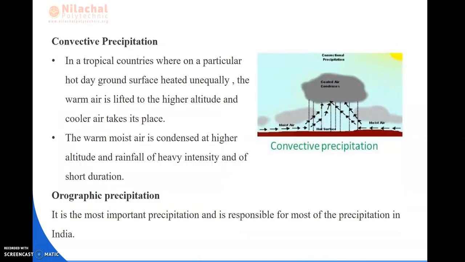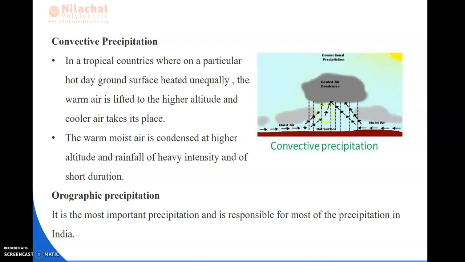Next is convective precipitation. Convective rainfall occurs mainly in the tropical countries where the equator is close to the ground surface.